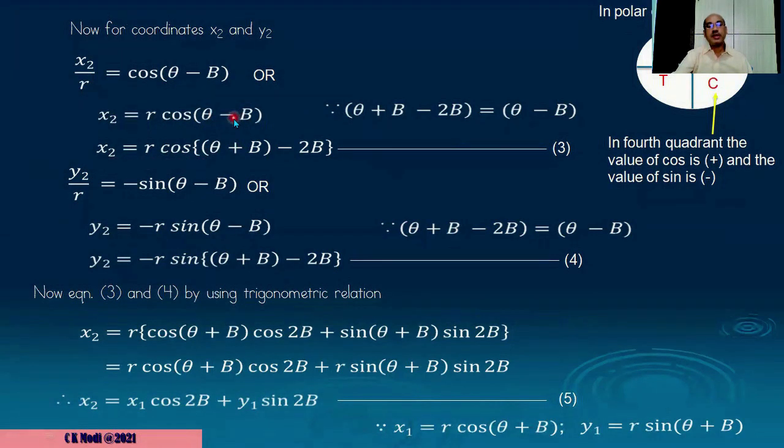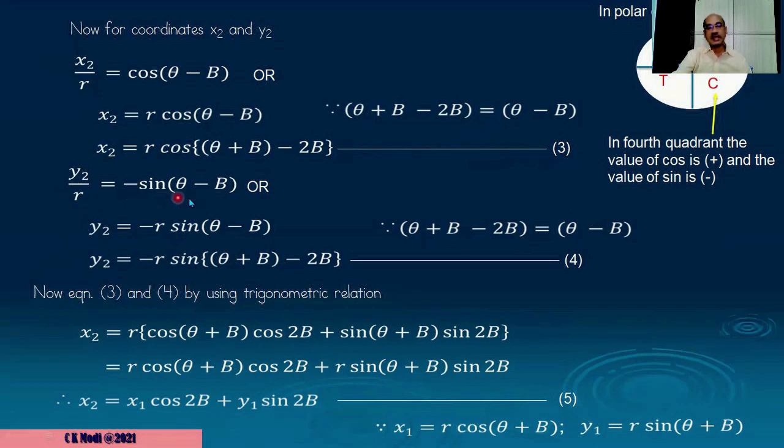So x2 is equal to r cos(theta minus b). By putting theta minus b, we can write it in this way: theta plus b minus 2b. The values are the same. So instead of theta minus b, we write it in this way, theta plus b minus 2b. Okay, so this is equation number 3.